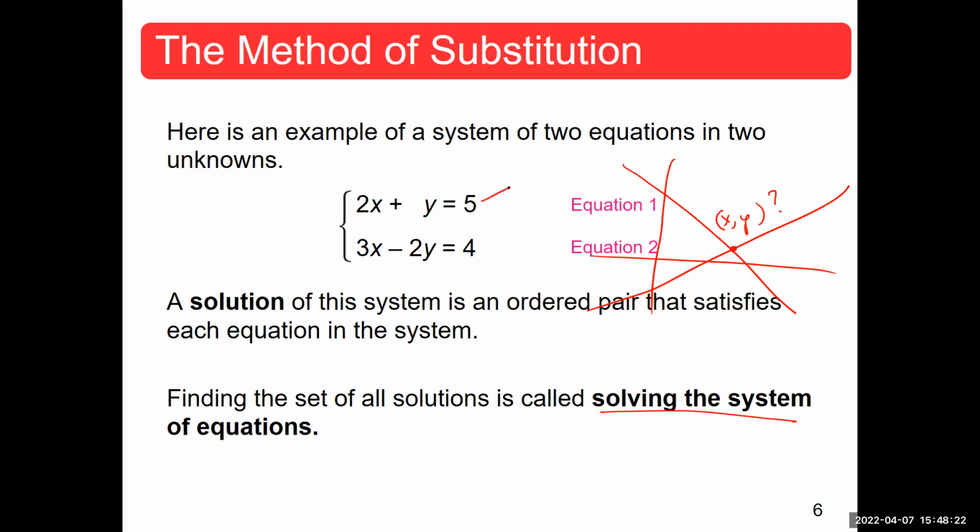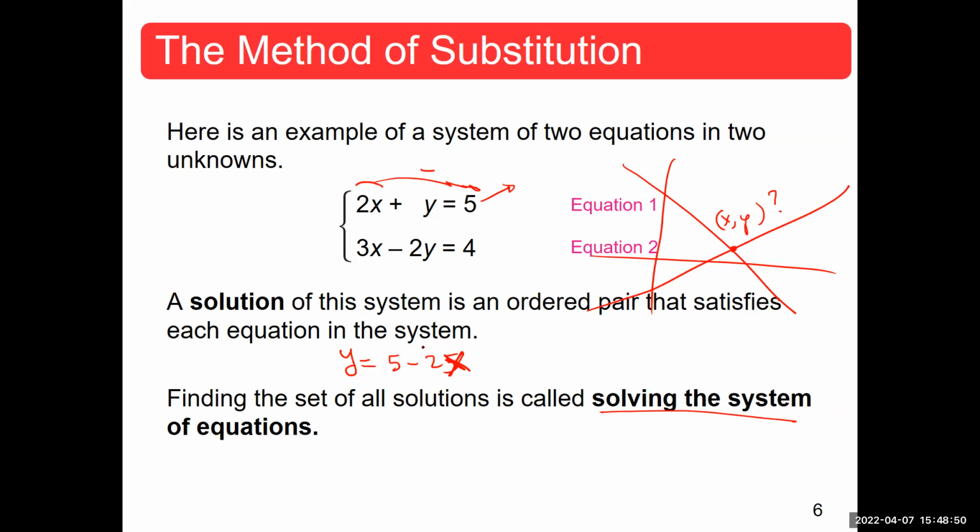So from this equation, if I take the 2x to the other side and make it negative, you're going to have y equals 5 minus 2x. So we isolated the y because it's easier.